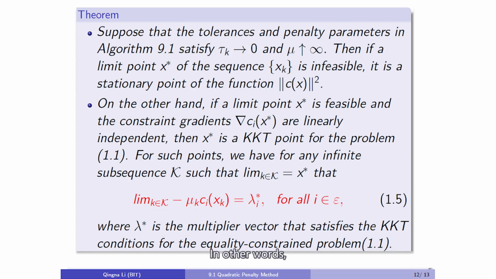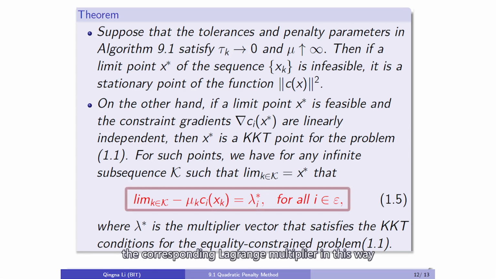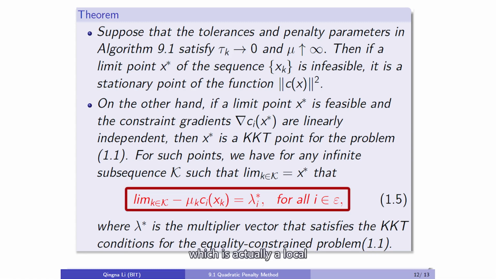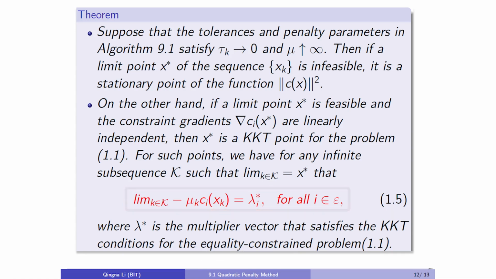In other words, if x* is a feasible point and LICQ holds, then x* is a KKT point, and we can also derive the corresponding Lagrange multiplier in this way. This is actually a local convergence result.